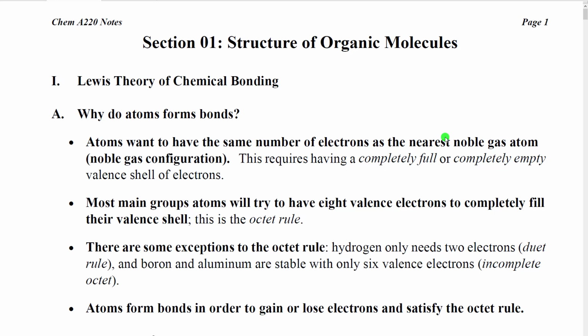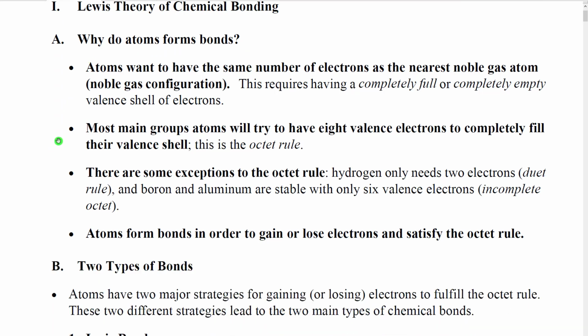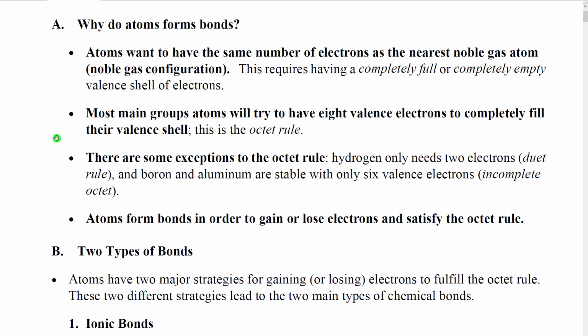So, what did Lewis say? Well, Lewis focused on the question of why atoms form bonds. And basically, he had a theory that atoms wanted to have the same number of electrons as the nearest noble gas.